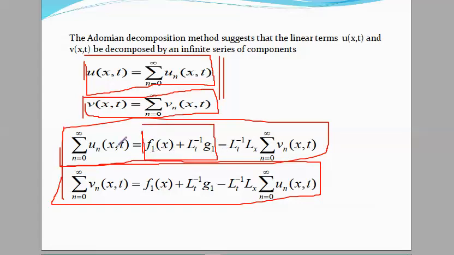This is u naught, and further terms can be found from this series.